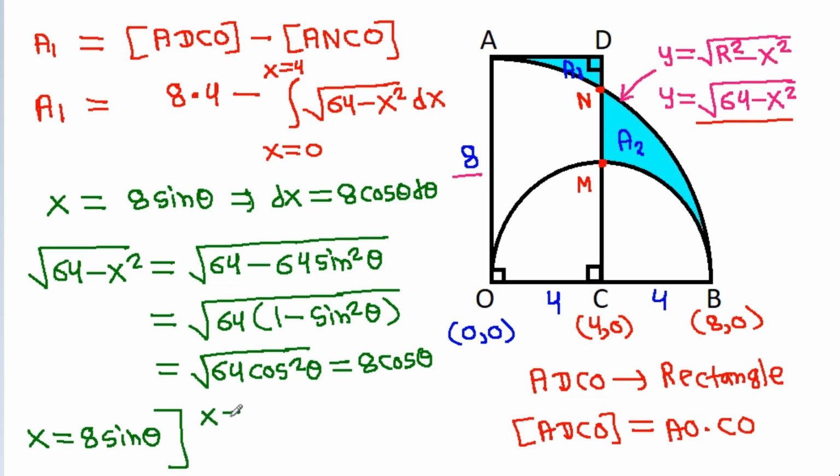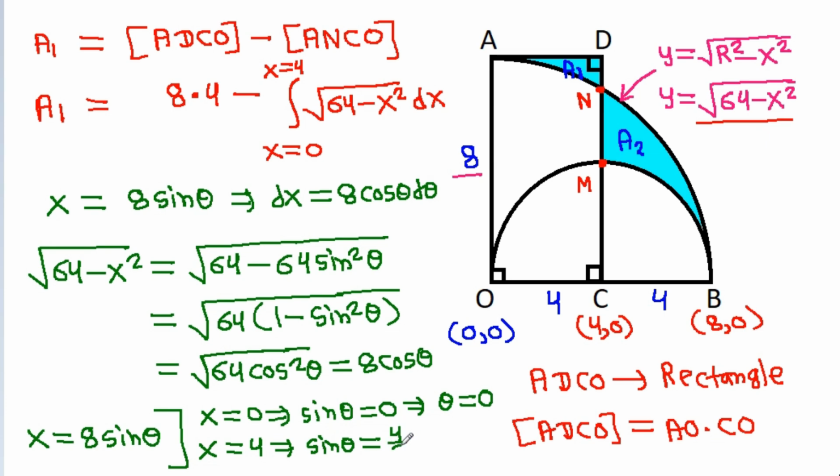So if x is 0, then sine theta will be 0, that means theta will be 0, and if x is 4, then sine theta will be 4 by 8, that means theta will be pi by 6.